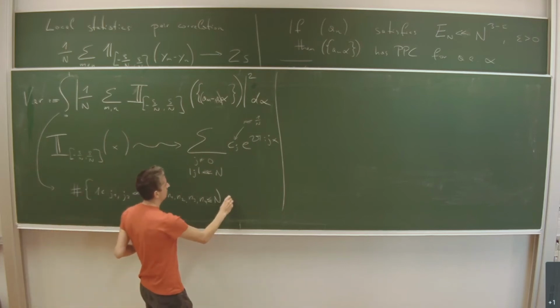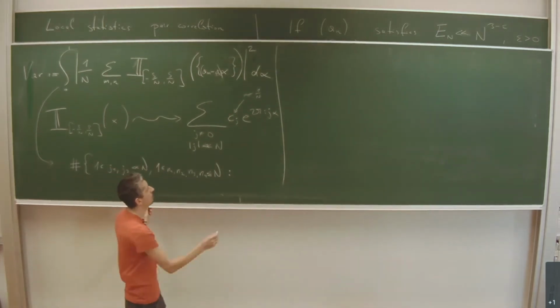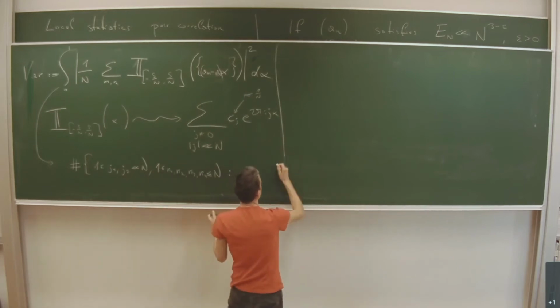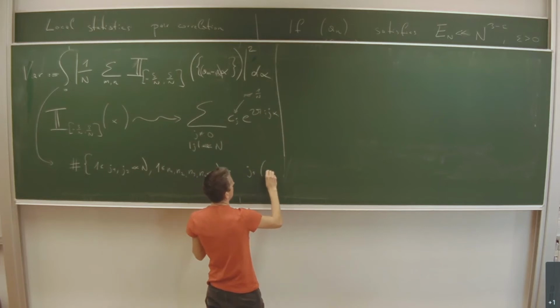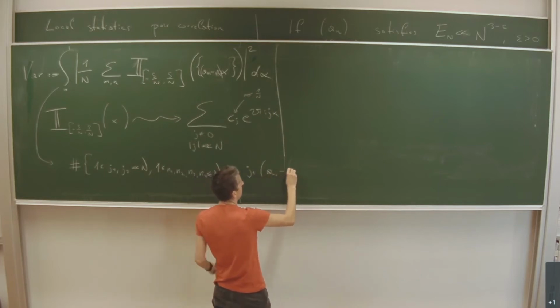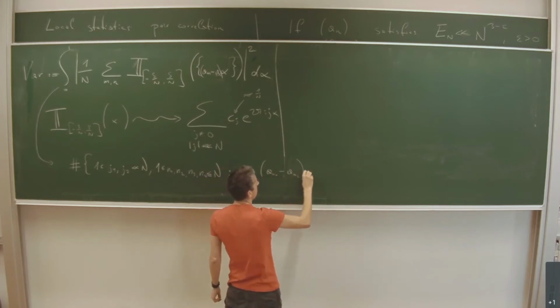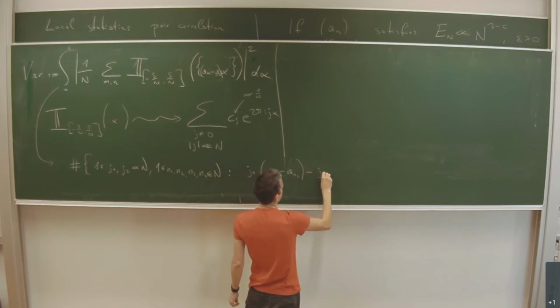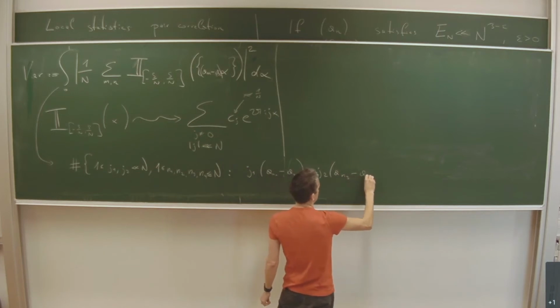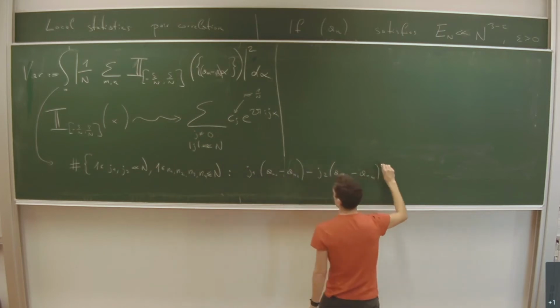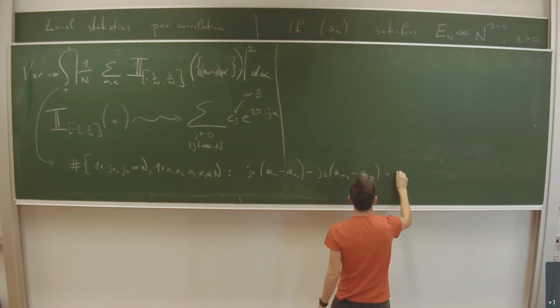And then we count if J1 an1 minus an2 minus J2 an3 minus an4 is 0.